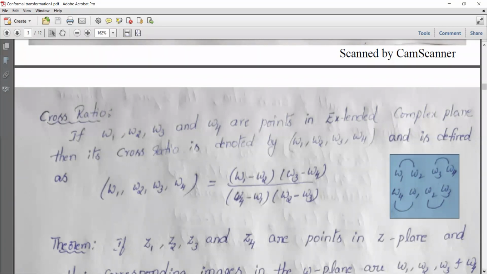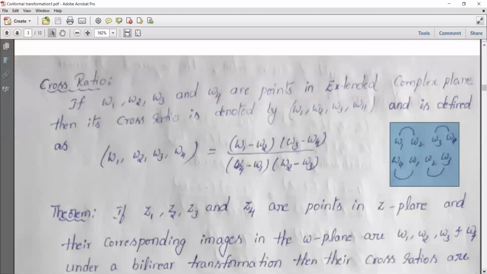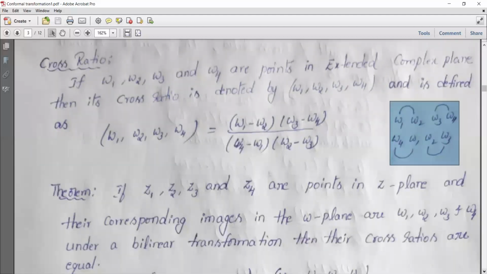Based on this cross ratio definition, we have an important theorem.